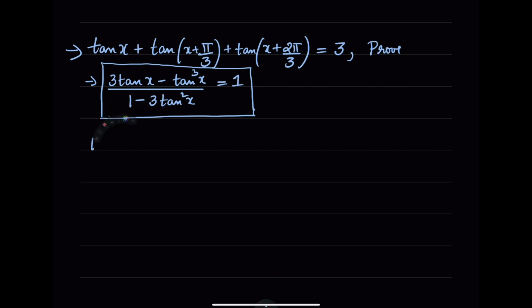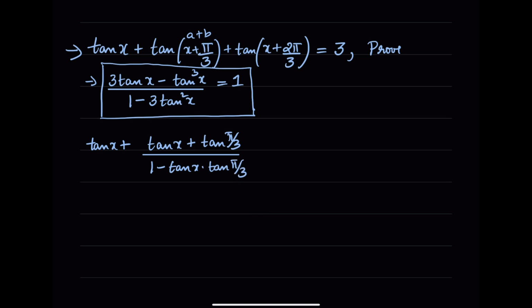So tan x plus tan of x plus pi by 3, this can be written as tan of a plus b. So that would be tan x plus tan pi by 3 divided by 1 minus tan x tan pi by 3.